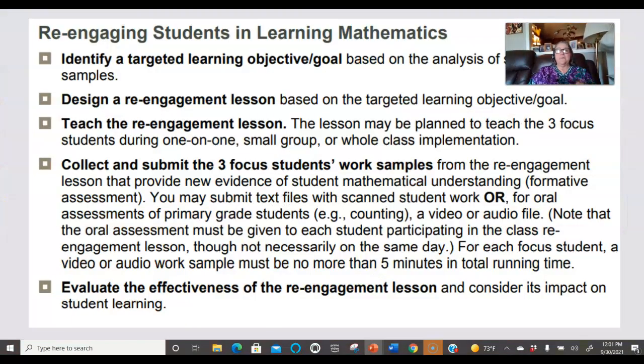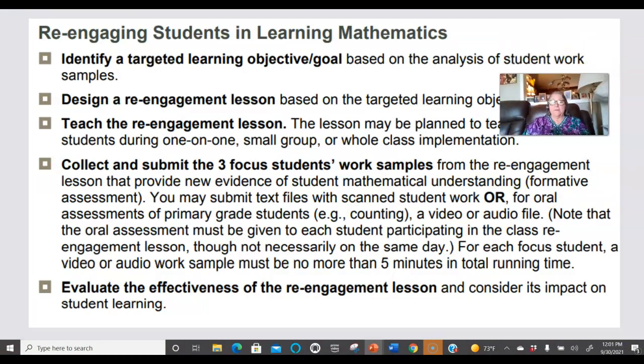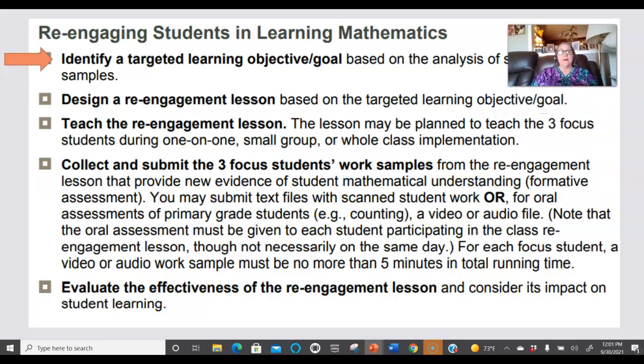And so far, of course, you have identified the learning target. Now, the learning target would come directly from your analysis that you did of student work from the original formative assessment. You would find a common area of struggle, and now you come up with a targeted learning objective.